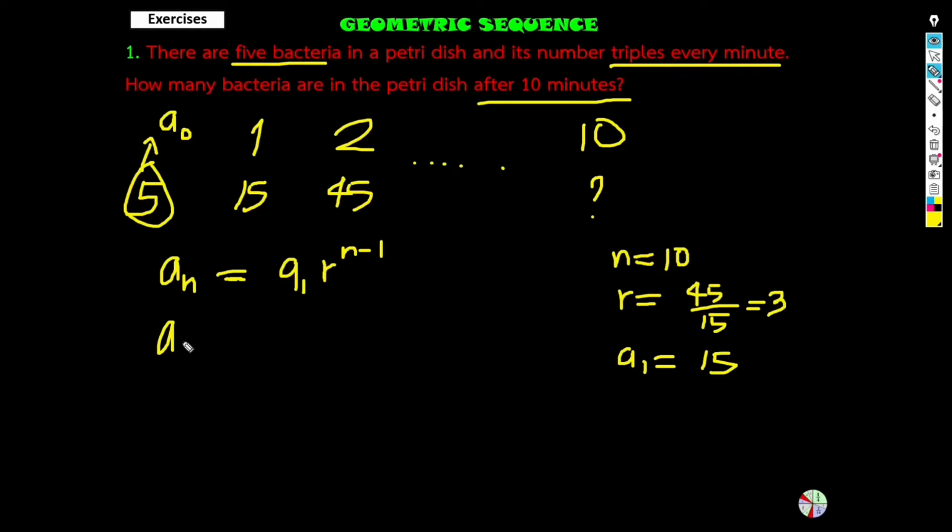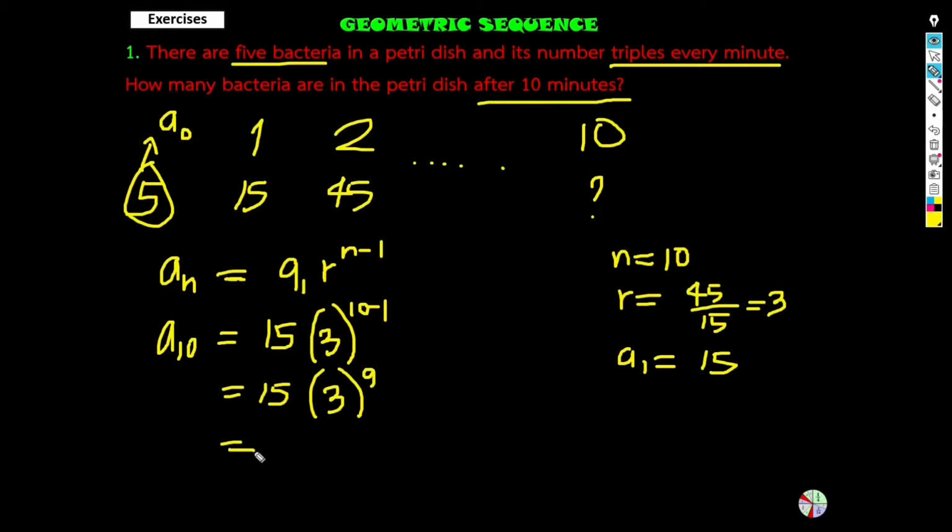This one is a sub 10, which is the question for how many bacteria in the petri dish after 10 minutes. This will be equal to 15 multiplied by r, which is equal to 3, to the power of n minus 1, 10 minus 1. So this is equal to 15 times 3 to the power of 9. Now, what is 3 to the power of 9? 3 to the power of 9 is 19,683.